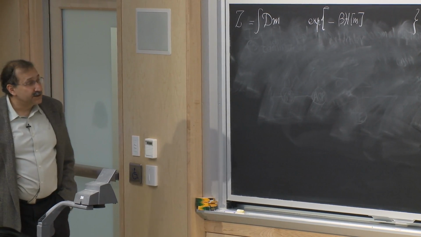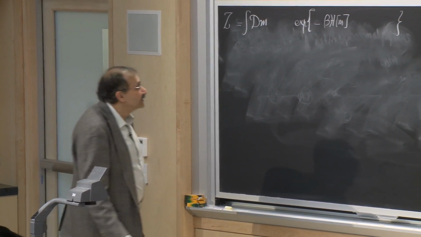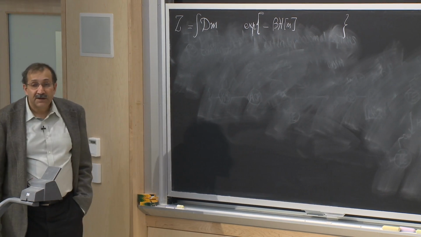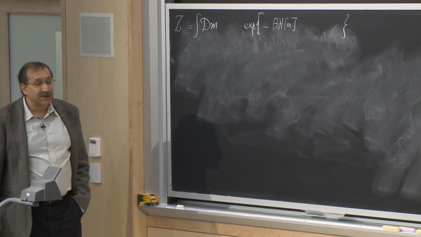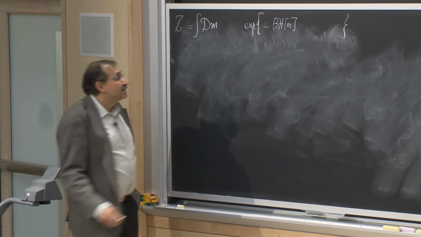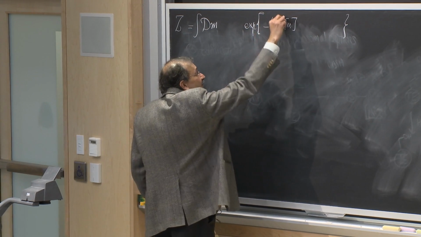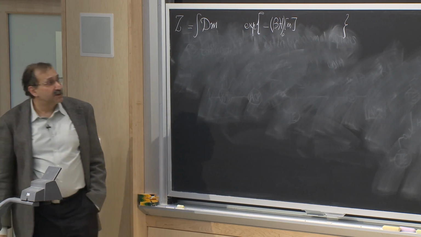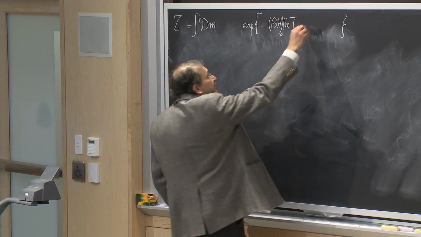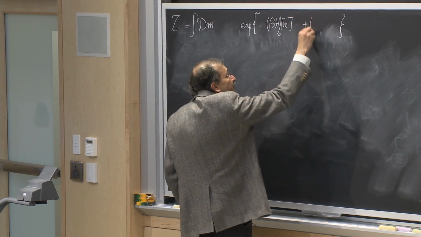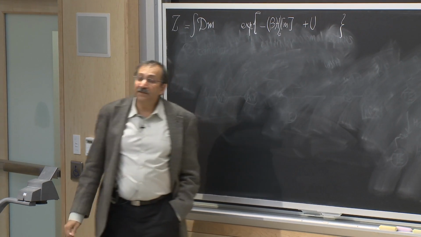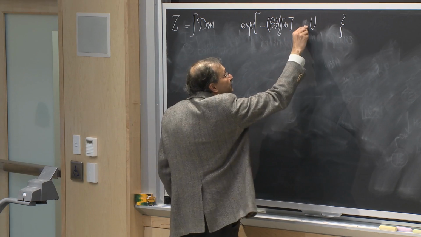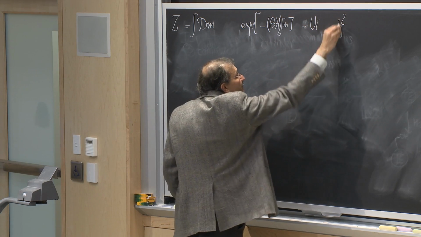Now, one of the first things that we noted was that in general, I can't solve the types of Hamiltonians that I would like. And maybe what I should do is to break it into two parts, a part that I will treat perturbatively, and a zeroth order part that I can calculate exactly, and a contribution that I can then treat as a perturbation.